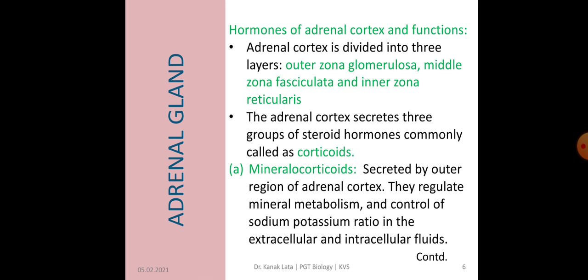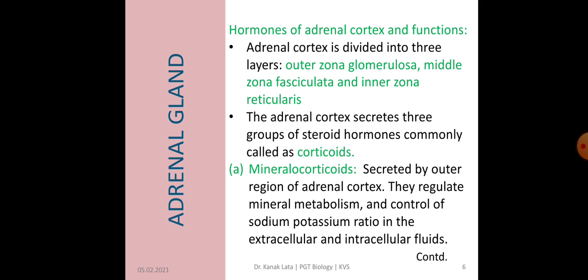The adrenal cortex secretes three groups of steroid hormones and they are commonly called as corticoids. The three groups of steroid hormones are mineralocorticoids, glucocorticoids and sex corticoids. We are going to discuss one by one.